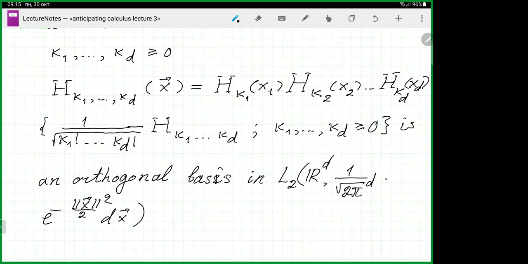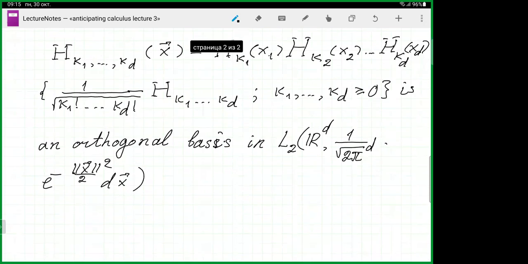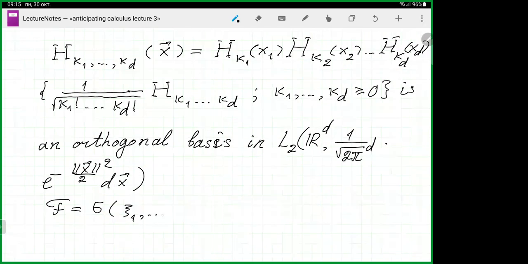Okay. This is just a consequence of the fact that one-dimensional Hermite polynomials, suitably normalized, form the orthonormal basis in L2(R) with the standard Gaussian measure. Due to this, we are ready to get the orthogonal expansion for square integrable functionals of our random vector xi. Namely, we have some agreement that our sigma field is generated by xi1, ..., xid.